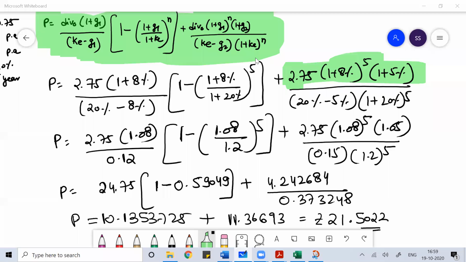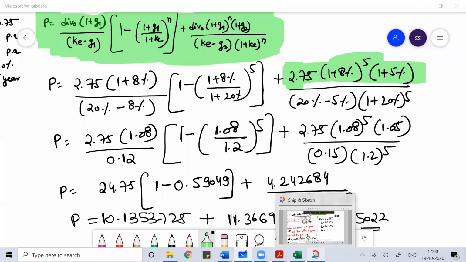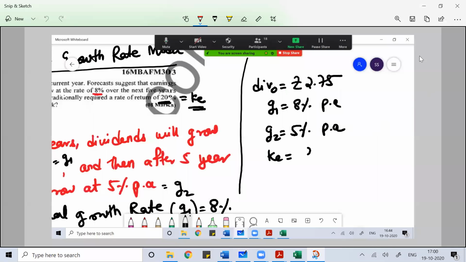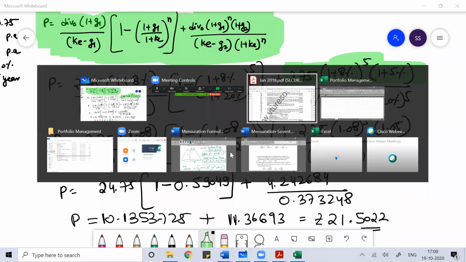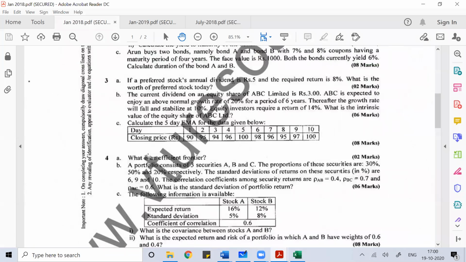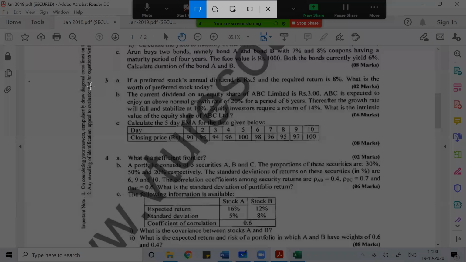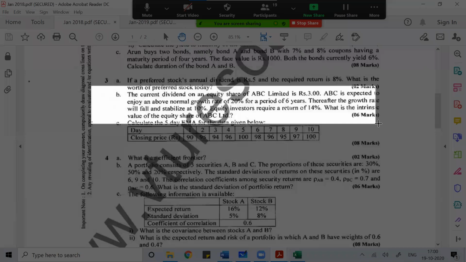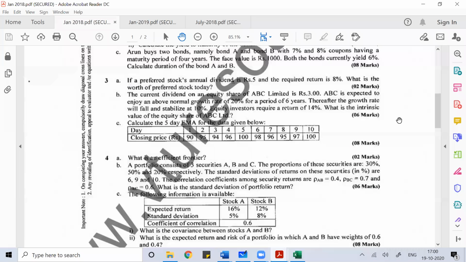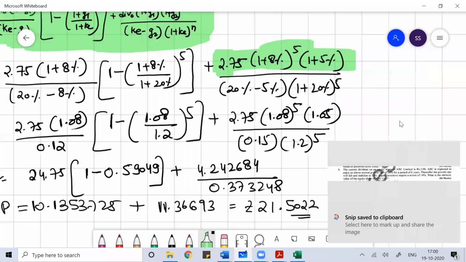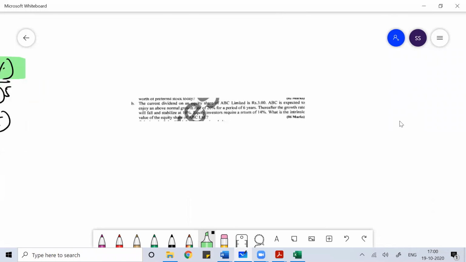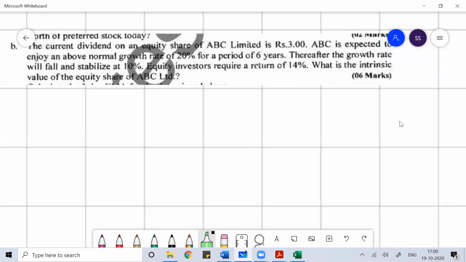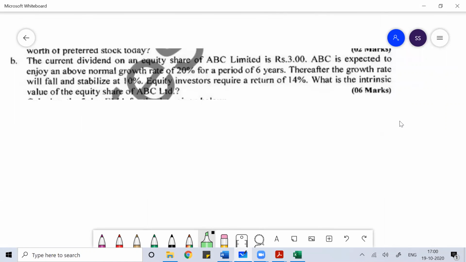Okay, so let's do another problem. You can see this question.